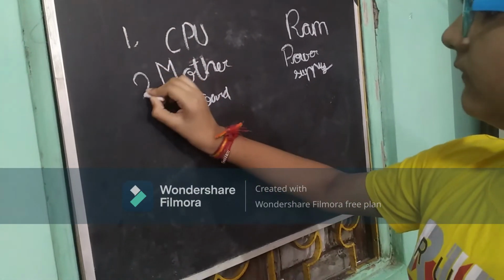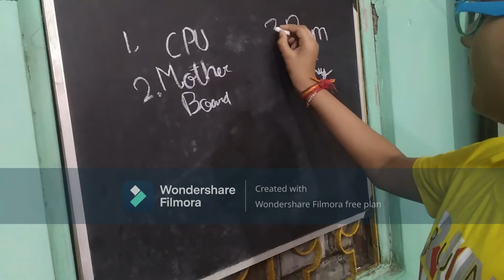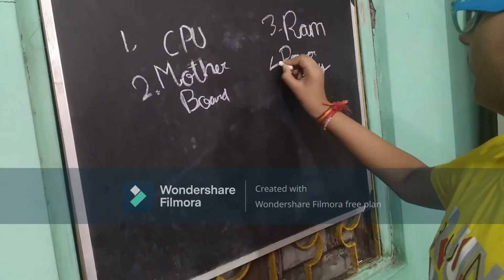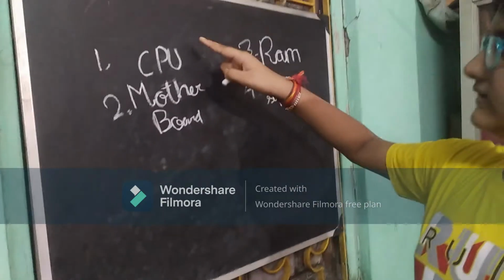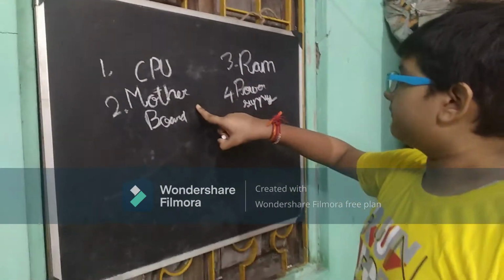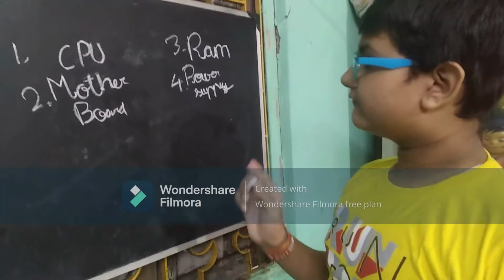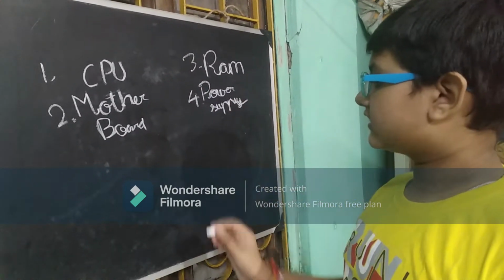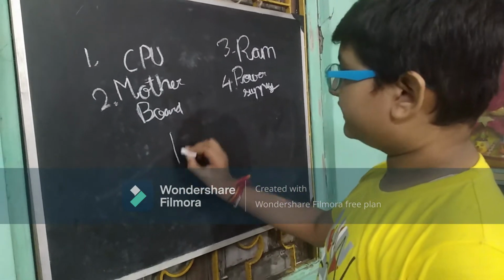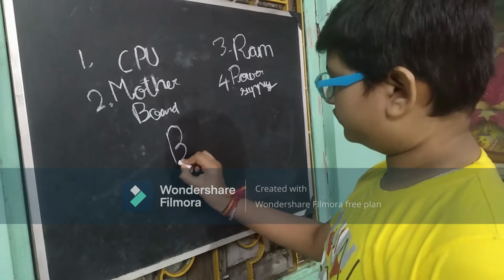One, two, three, four. These CPU, motherboard, RAM, and power supply, these four components create a program whose name is BIOS.